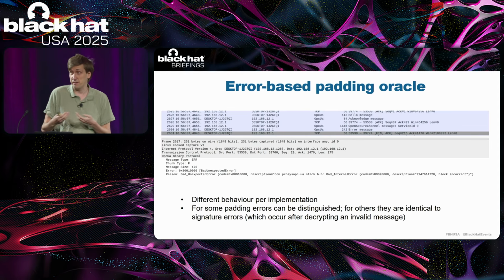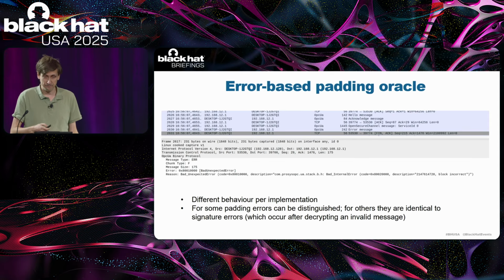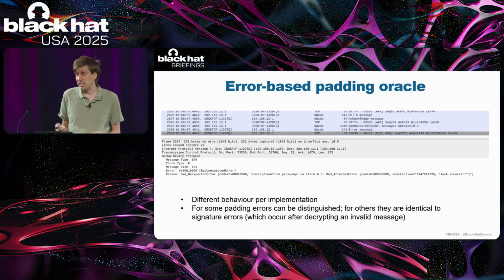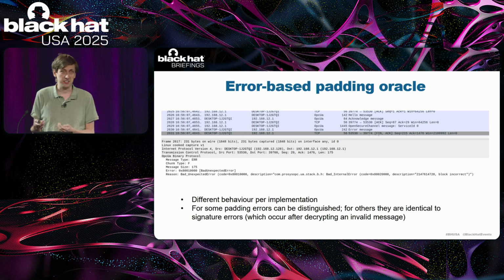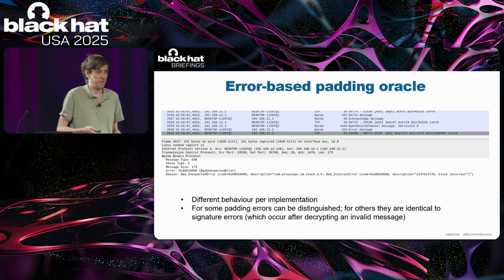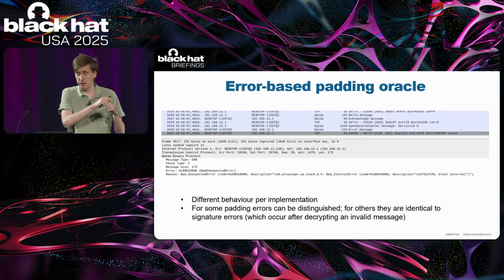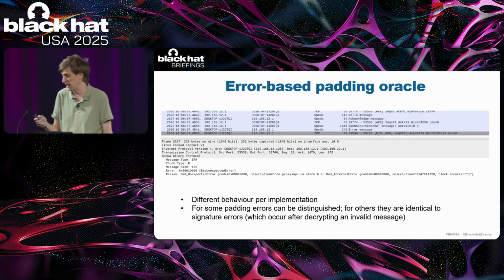Then you can trivially distinguish the 2 cases, and you can implement the standard attack without too much trouble. But unfortunately, most implementations that I tested show exactly identical error messages, regardless of whether the padding check failed or whether the padding passed, but after unpadding, the message was invalid because the signature was invalid.